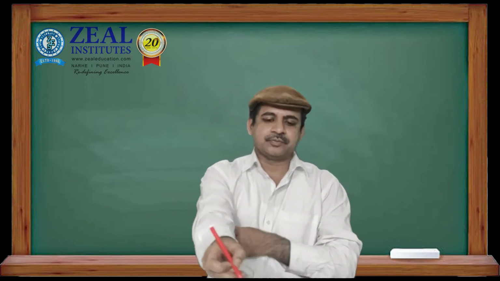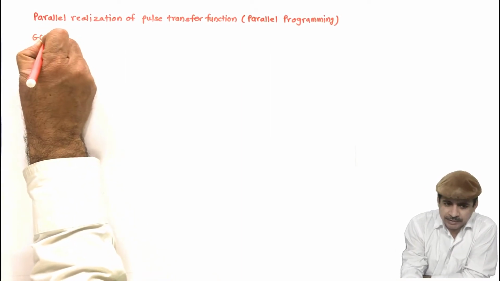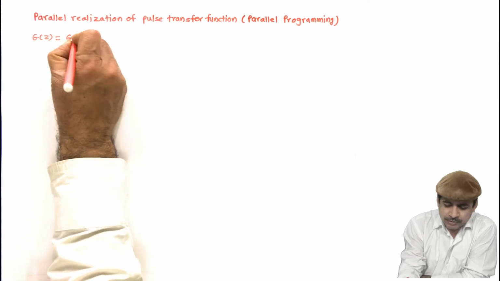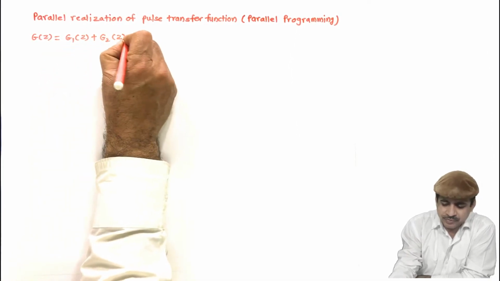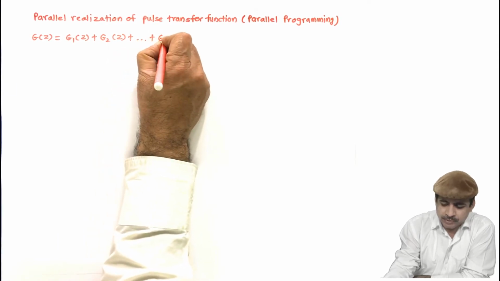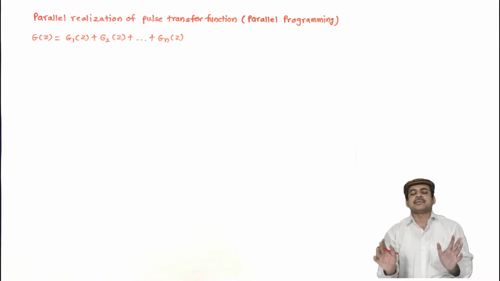Let us see how. Let G(z) be equal to G1(z) plus G2(z), so on up to Gn(z). And how are these obtained? By using partial fractions.